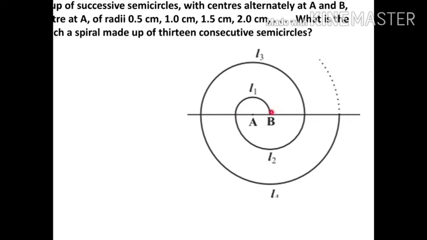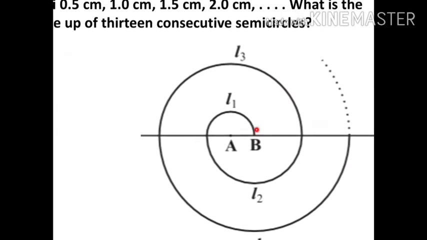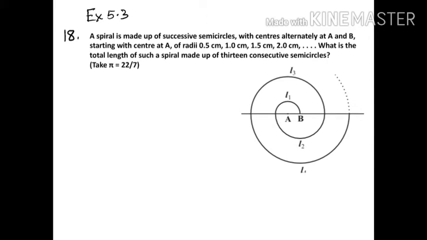Then taking B as the center and radius 1 centimeter, semicircle L2 is obtained. By taking A as the center and radius 1.5 centimeters, semicircle L3 is drawn. Then taking B as the center and radius 2 centimeters, semicircle L4 is obtained. Likewise, by drawing the semicircles, the spiral is obtained.